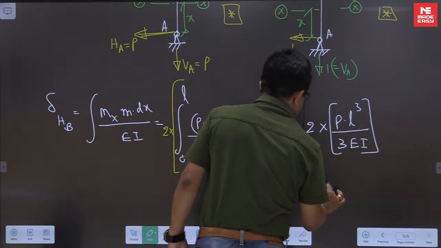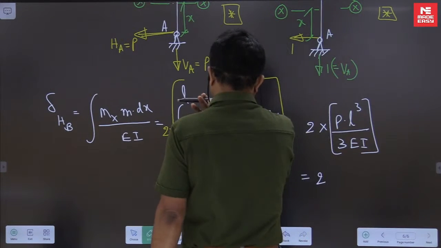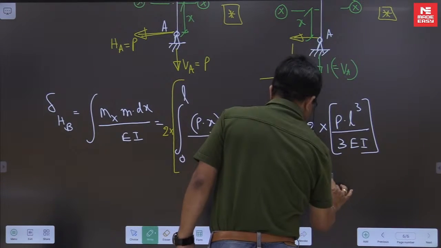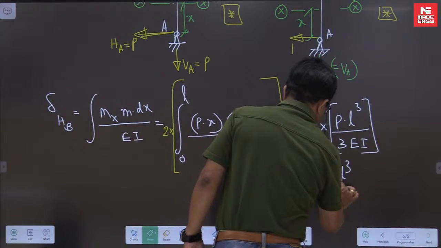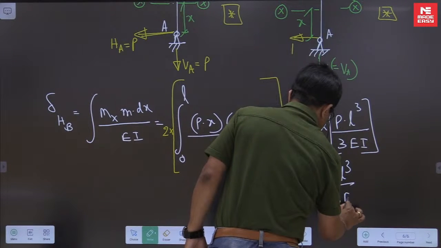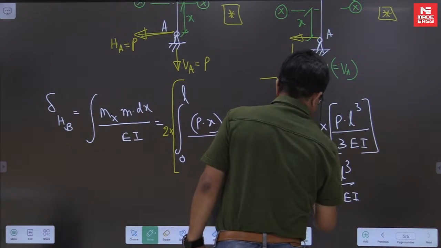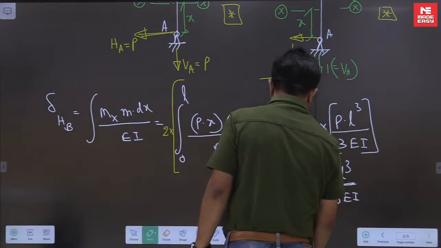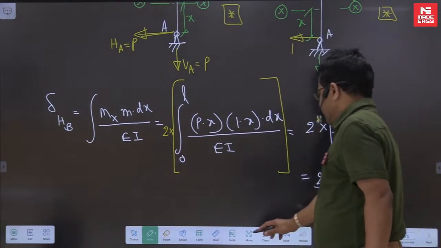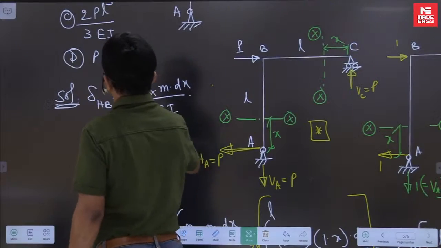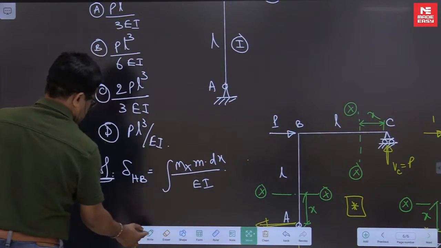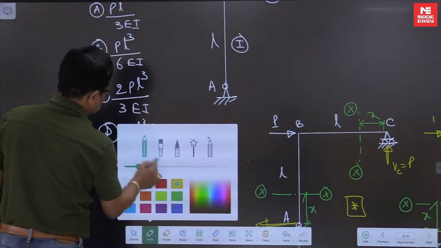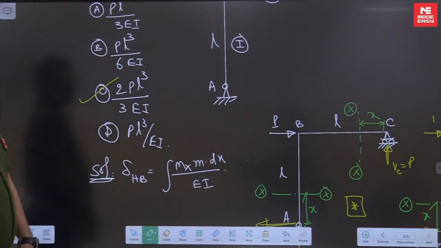So you will get 2 P L cube by 3 EI. Okay, 2 P L cube by 3 EI.